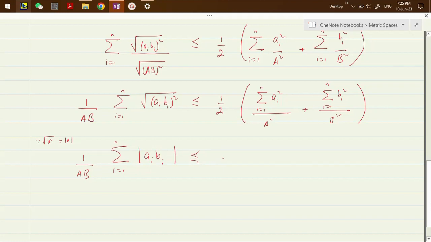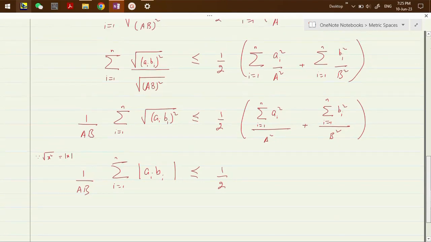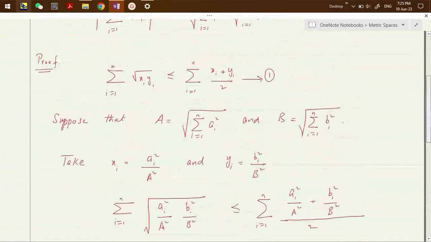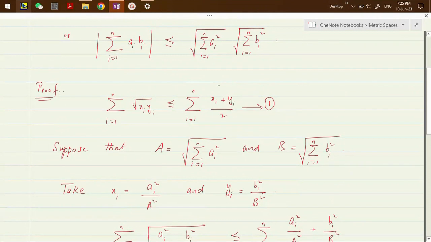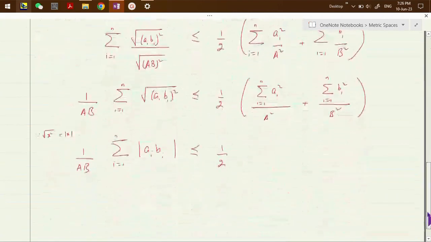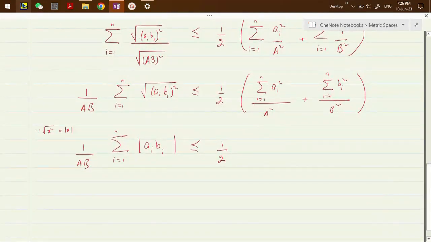less than or equal to 1 by 2, and what is over a? a is root of summation ai square and b is root of summation bi square. So this numerator is equal to a square and this numerator is equal to b square.